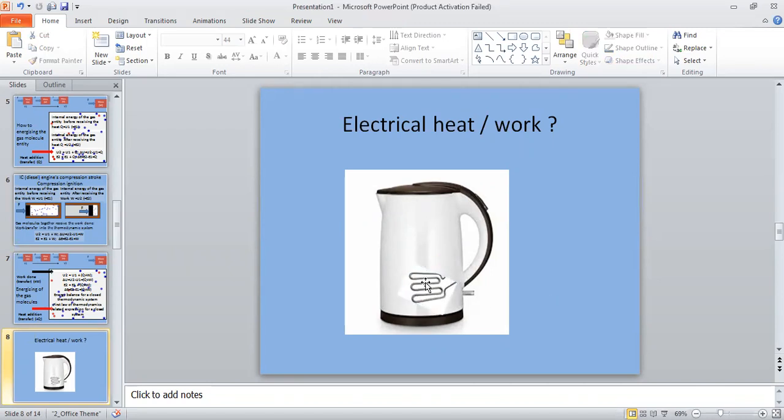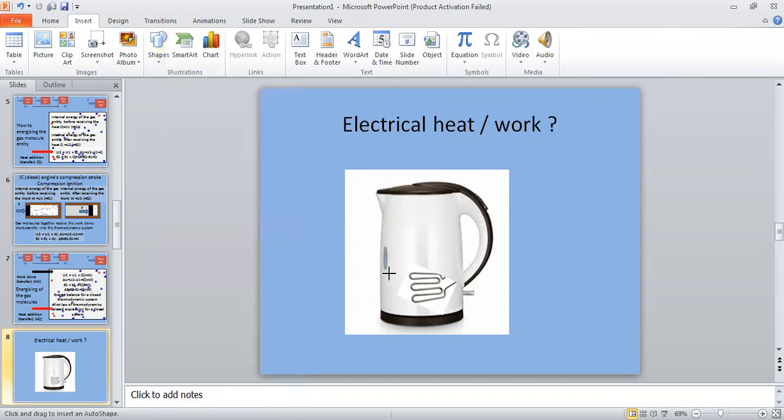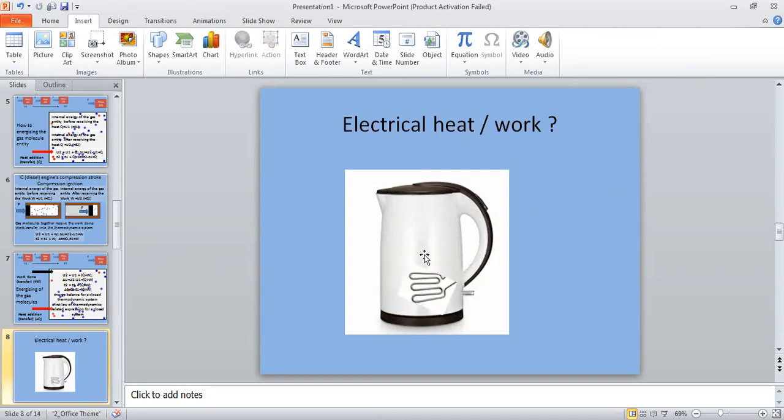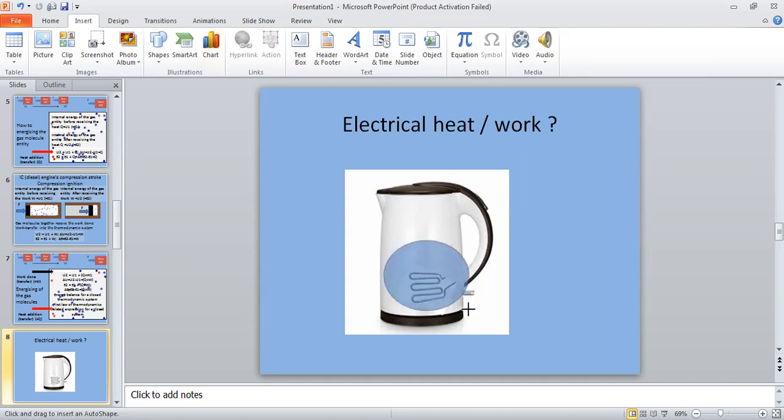Anyway, there is a heat element inside. And of course, water is there. Let's say here we've got water as well.